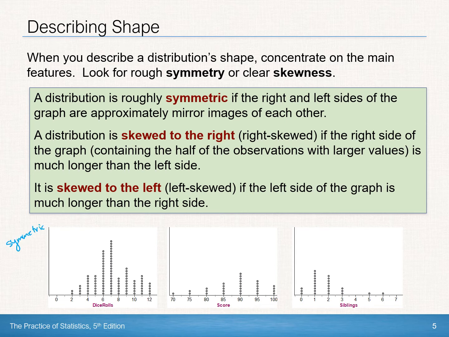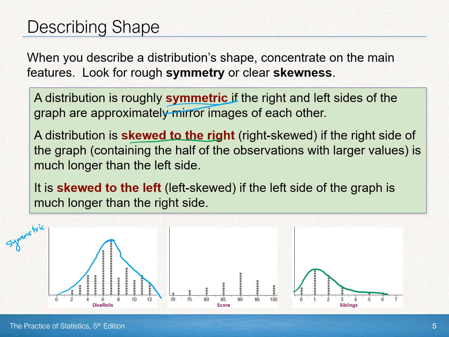Symmetric. So if you imagine kind of a rough outline of this data, it looks a little bit like that. Maybe a dip here. But overall, this is roughly symmetric. Compare that to the next example. Skewed to the right would be the last graph.